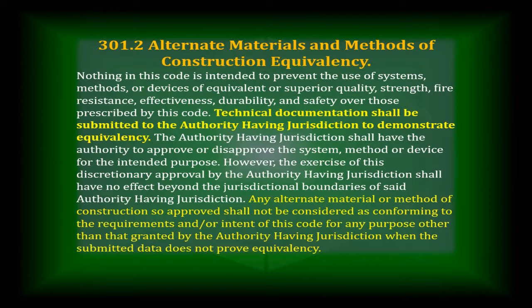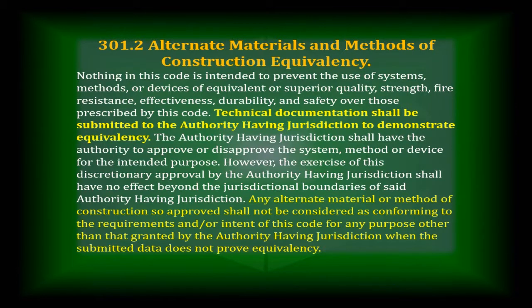Highlighted portion: any alternate material or method of construction so approved shall not be considered as conforming to the requirements and/or the intent of this code for any purpose other than that granted by the authority having jurisdiction when the submitted data does not prove equivalency. So what are we talking about here?